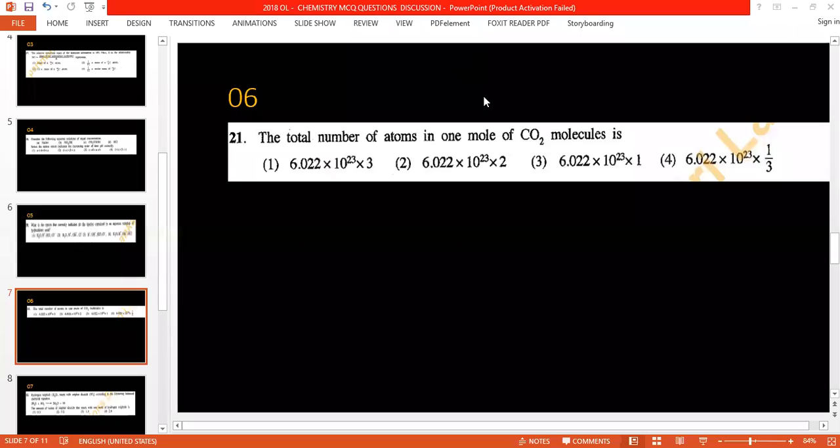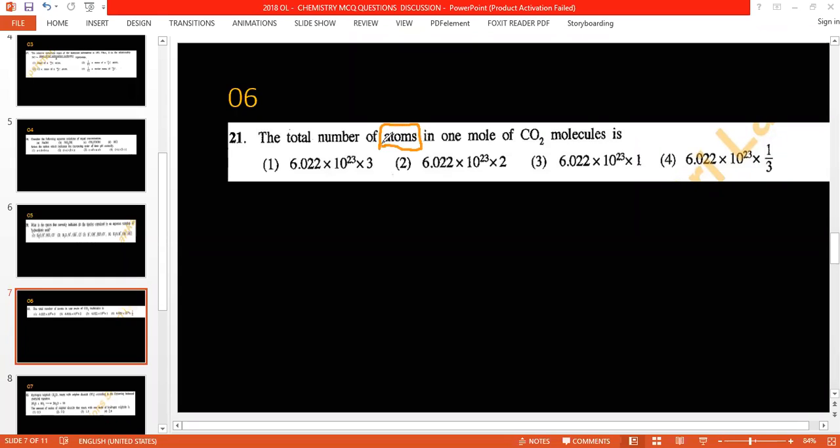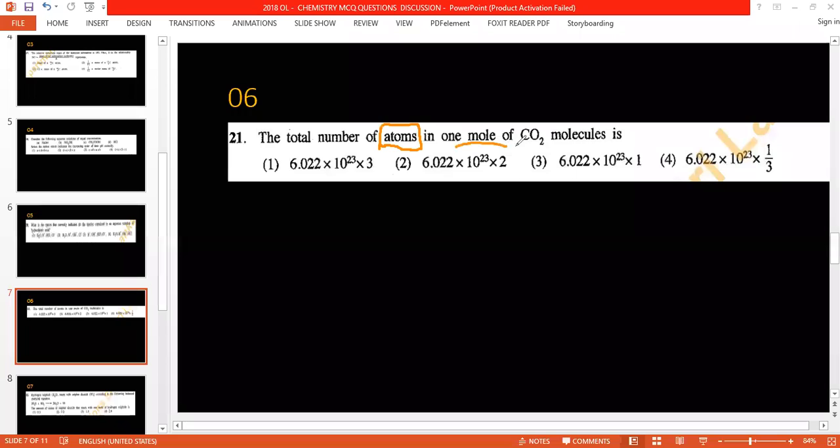The question says: the total number of atoms in 1 mole of carbon dioxide molecule.